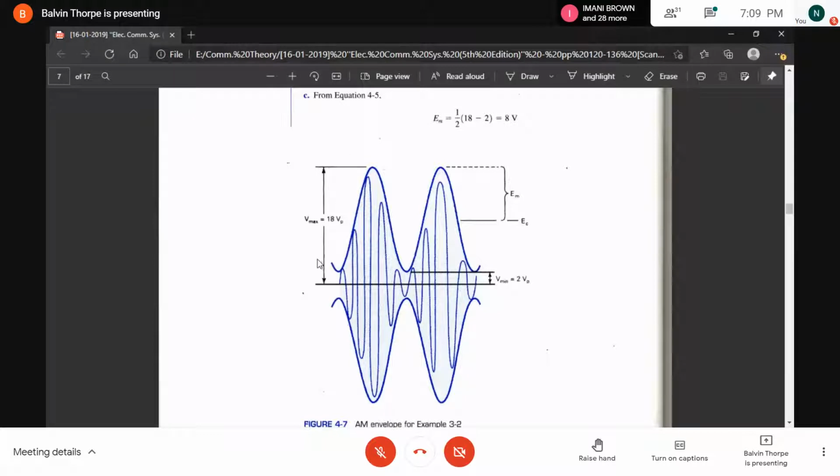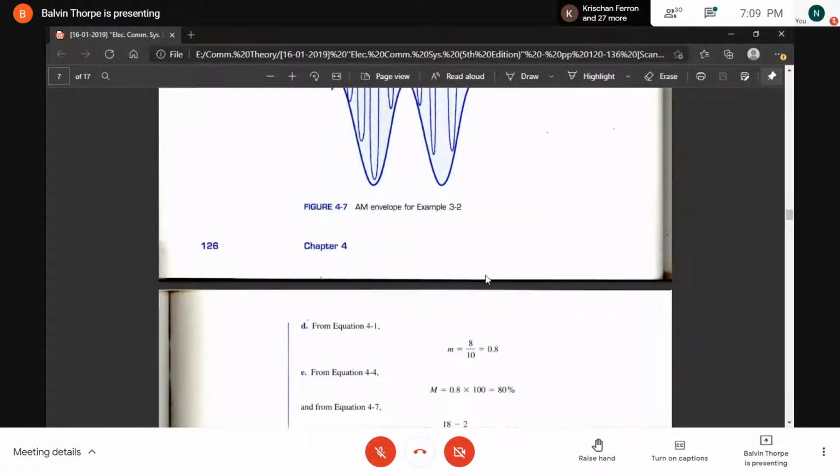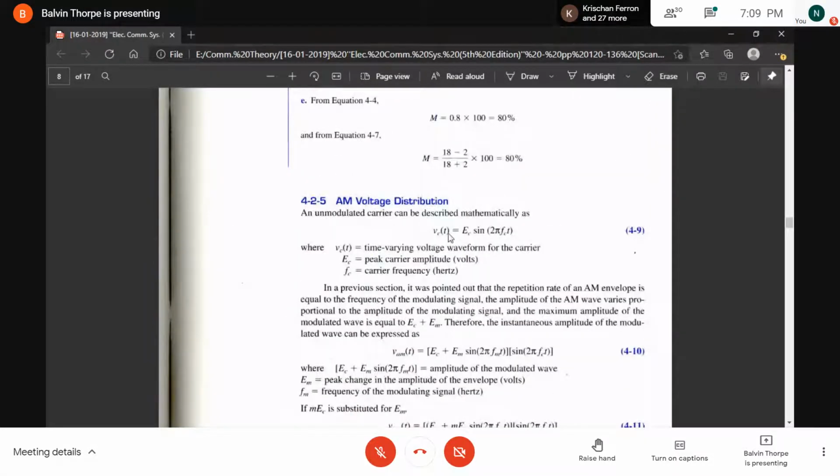Time on your horizontal, amplitude on your vertical. So every instant in time, the amplitude will change, based on the fact that it's a sinusoidal wave. So that's what this is representing.